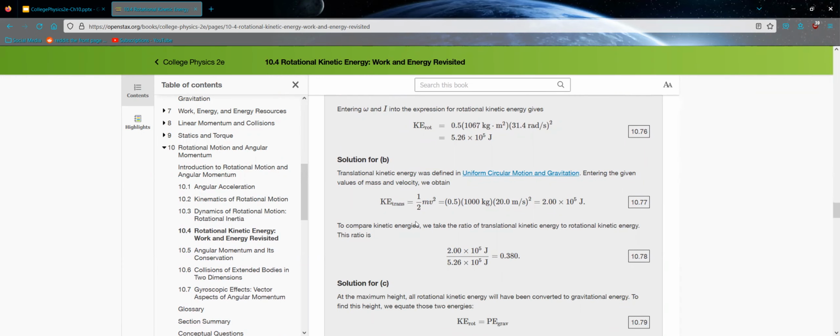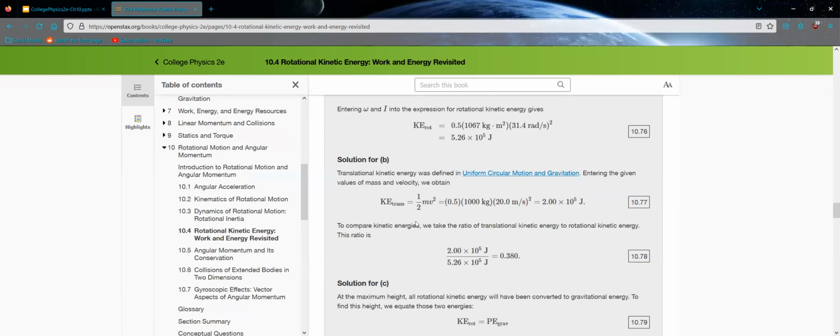Translational kinetic energy is also given by the linear kinetic energy. Translational, linear, same thing, right? When we're talking angular, we tend to say translational because it reminds you of the perpendicular nature of the direction the energy travels at any particular snapshot, right?